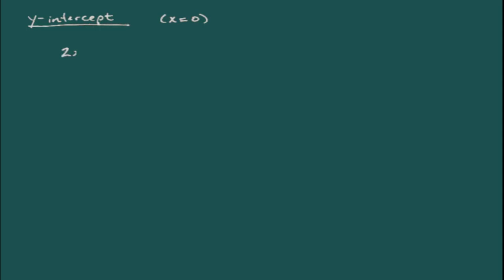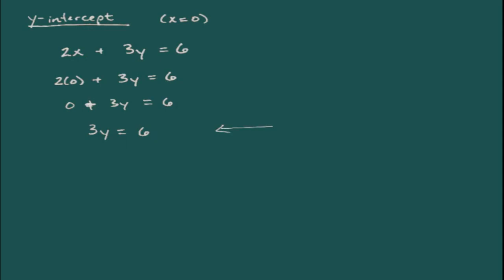So if we go back to our original equation, 2x plus 3y is equal to 6, we'll do the same thing as we did in the x-intercept case, plug in 0 now for x, which is going to give us 2 times 0 plus 3y is equal to 6. One more time, 2 times 0 is just going to be 0, giving us 0 plus 3y is 6. Well, 0 plus 3y is nothing more than our usual 3y is equal to 6.